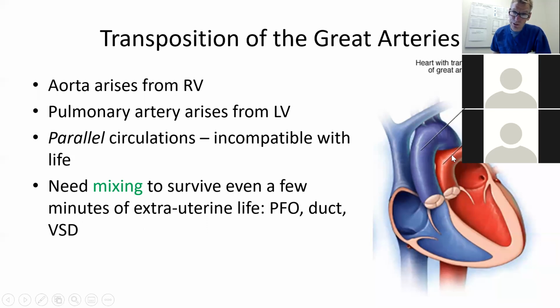And so blood simply flows from the left ventricle into the pulmonary artery, and then it comes back through the pulmonary veins into the left atrium, and then goes round again. All right, and so there's this circulation here, but it never goes through the systemic circulation.